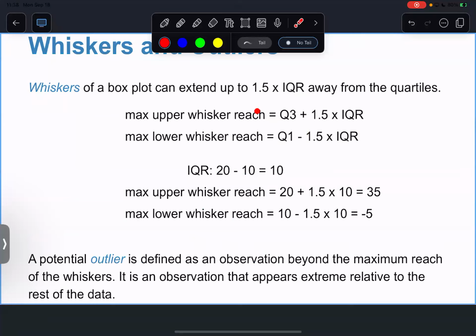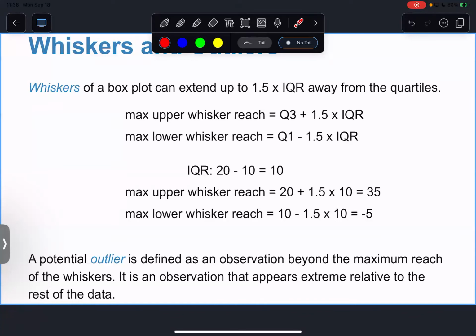I think this is Tukey's box plot. He used 1.5. There are others that use 2. I'm sure someone has tried to argue 1.7, for example. So the 1.5 is relatively arbitrary, but that's the one that we're sticking to just generally.